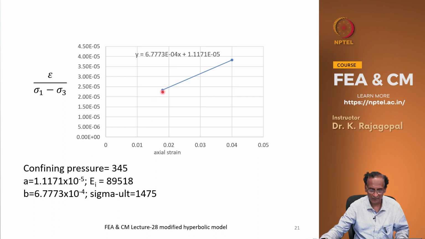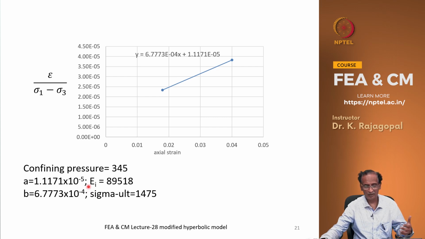I have plotted a graph between epsilon and epsilon by sigma 1 minus sigma 3, and the intercept on the y axis A is this, and the initial Young's modulus is reciprocal of this, that is 89,518, and the B is the slope of this line, that is the inverse of the ultimate stress.